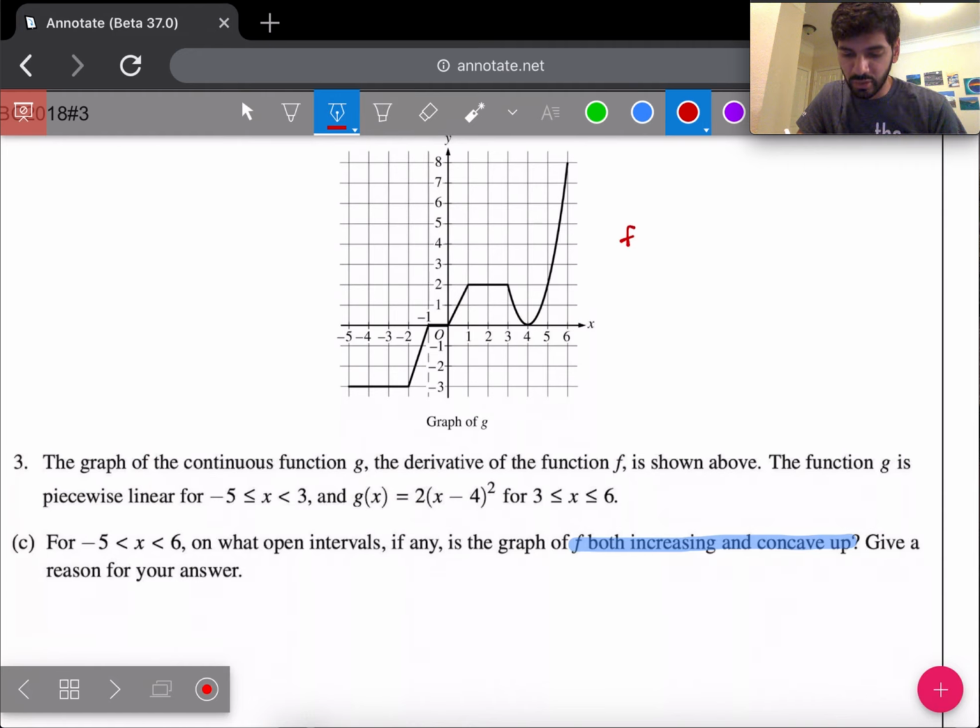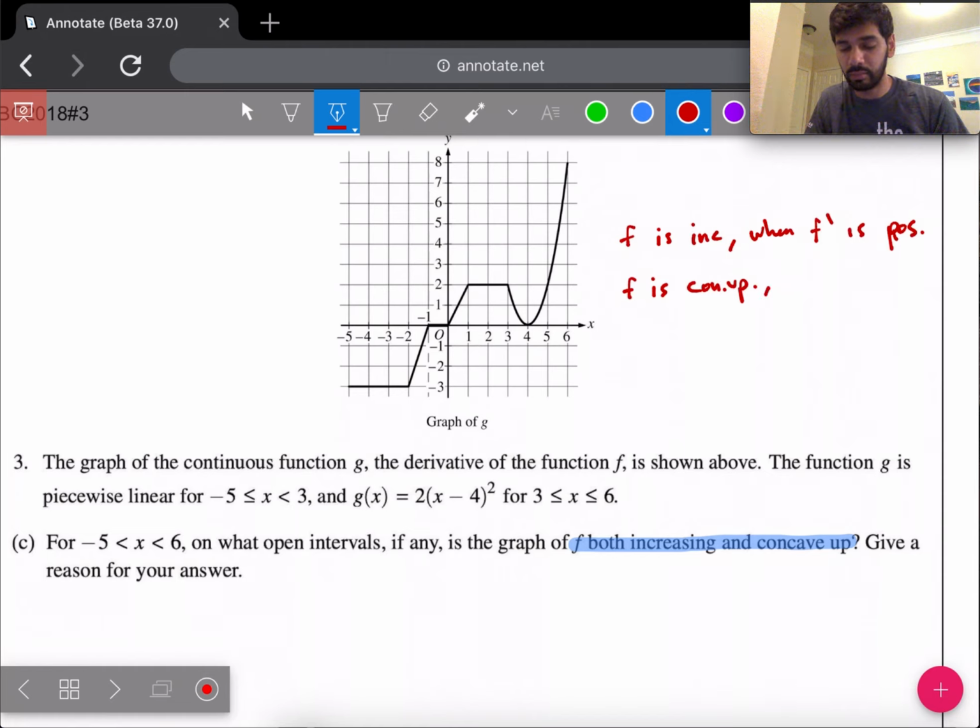So I'll write it up here just in general. F is increasing when f prime is positive. And then the second thing is f is, for this problem we're talking about concave up. I'll abbreviate there, but you shouldn't abbreviate on the test. Try to write it all out.